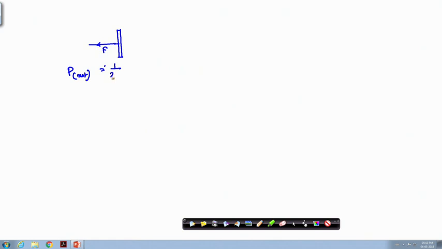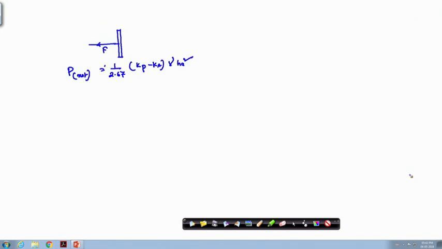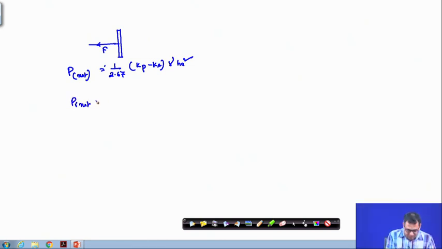is equal to 1 by 2.67 (Kp minus Ka) into gamma into He square. That is the value. Now, this P net into L will be the total force.